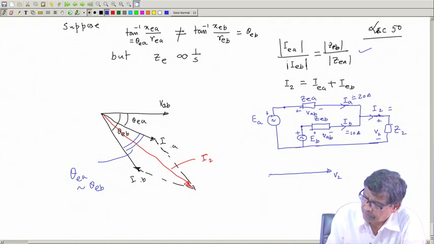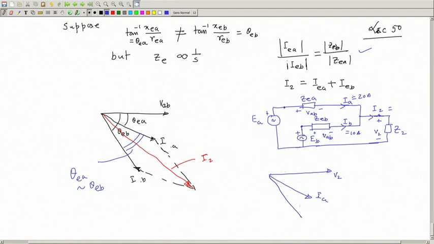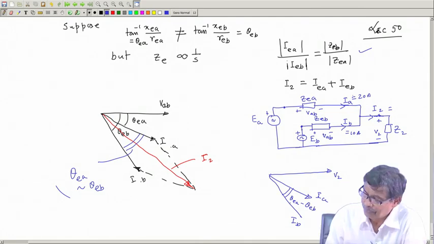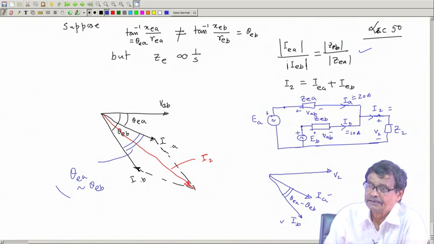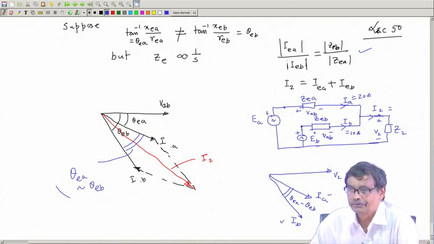So, suppose this current is I_A and the other transformer current is I_B, such that this angle is this one. Are you getting? Theta E_A minus theta E_B. Therefore, you can easily see the power factor at which this transformer and this transformer are operating is at different values.